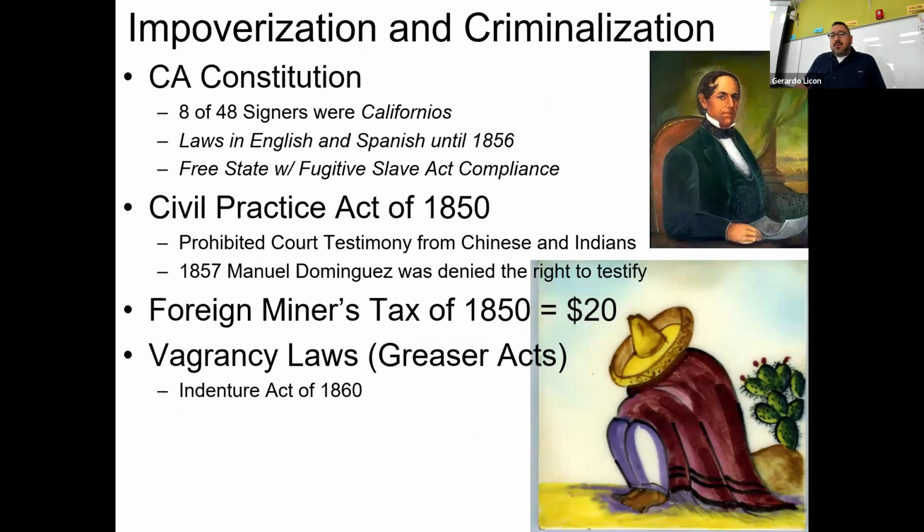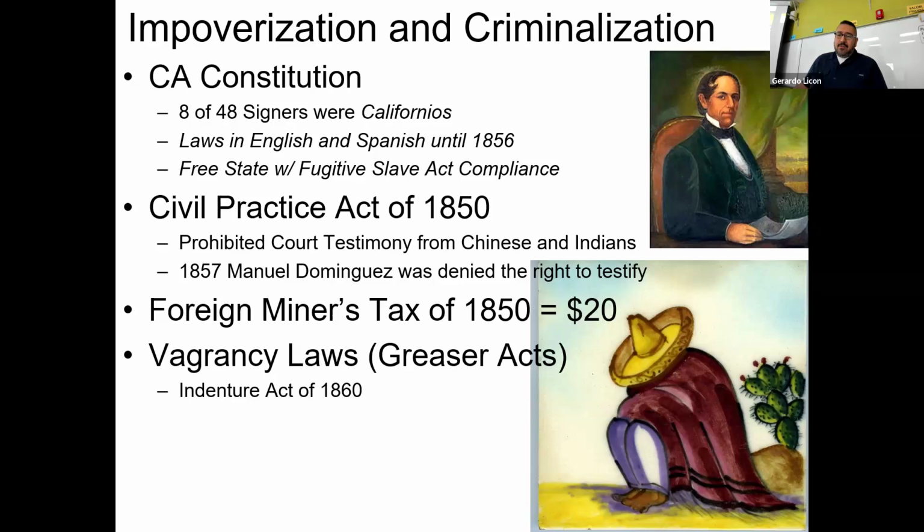So the Mexican-American War ends in 1848. And there were Californios who stayed there and became US citizens by staying there more than a year after the Mexican-American War.